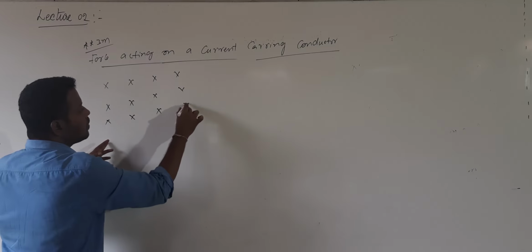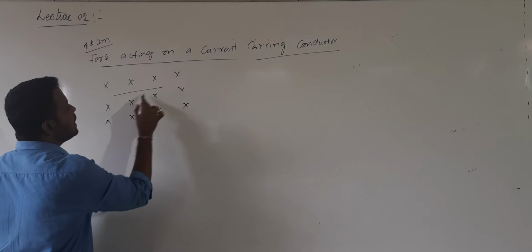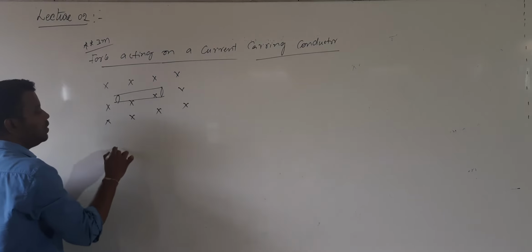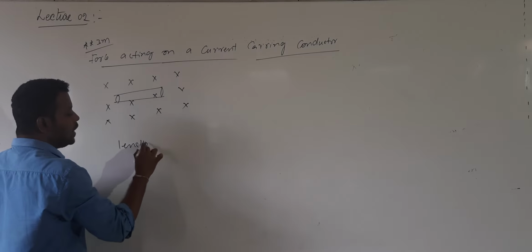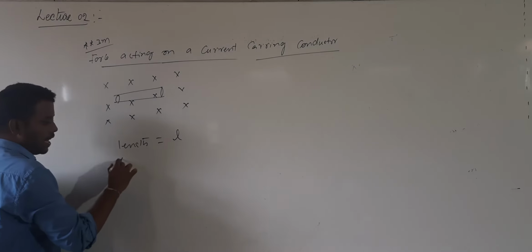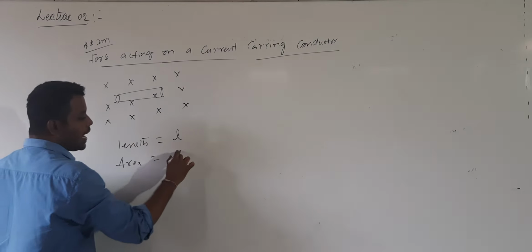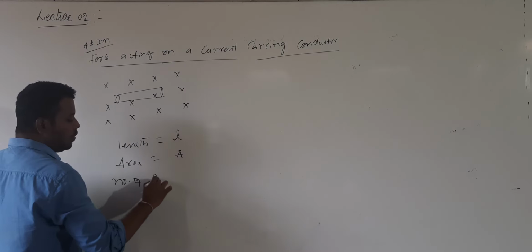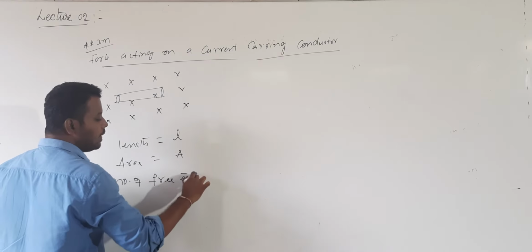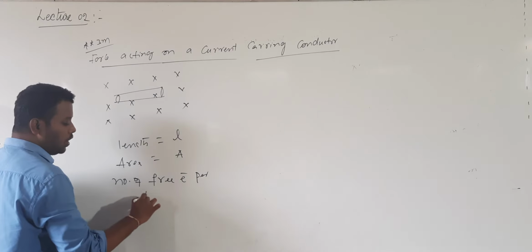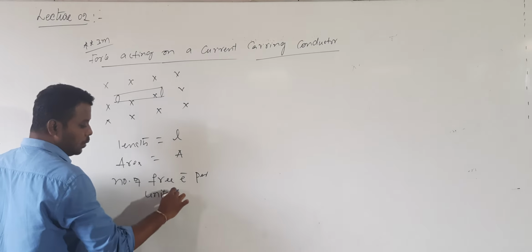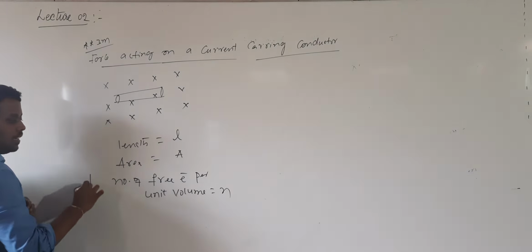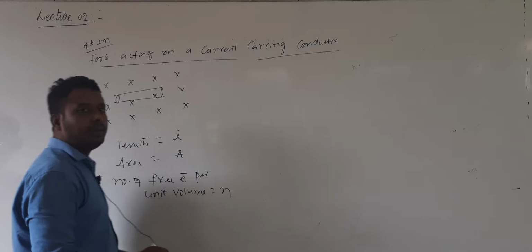In this, let me consider one conductor of length L and area of cross section A, and let n be the number of free electrons per unit volume.